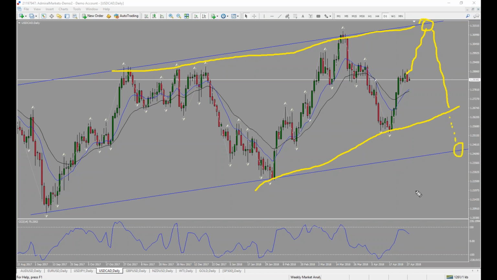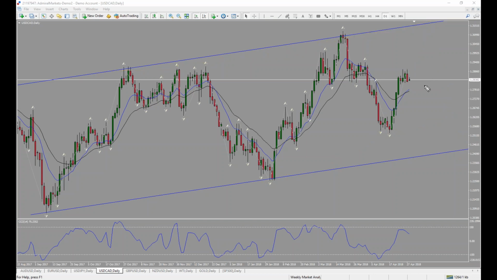Okay, I like a channel much more than a rising wedge. So I guess nothing really changes. It appears that we are heading towards here. So let's wait. Let's see if we get what we need. And then from that point, we're going to look for a trade in the downward direction.